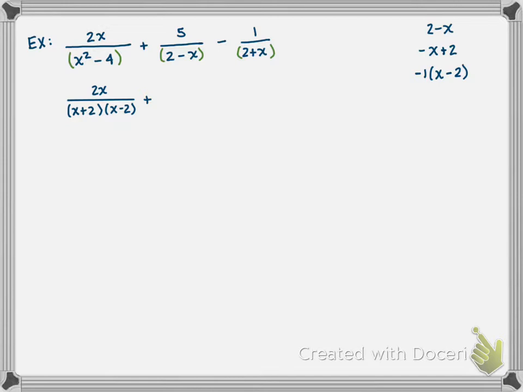Just like when we distribute a negative, pulling out a negative changes the sign of both terms. So that gives me negative 1 times x minus 2, and then I've got my 5. And then if I want to make that x plus 2, do I need to pull out a negative? That 2 plus x?